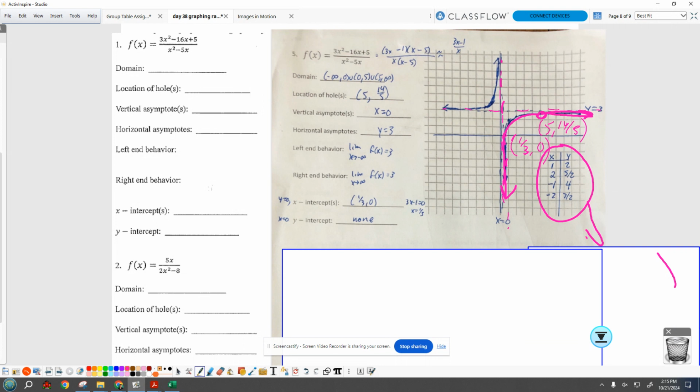Yeah, x is -1. Plugging in -1, it's easier to plug into the leftovers: negative 1 times 3 minus 1, negative 4 over negative 1, positive 4. Boop, dot. And I said you've got to find at least 2. Plug in negative 2.